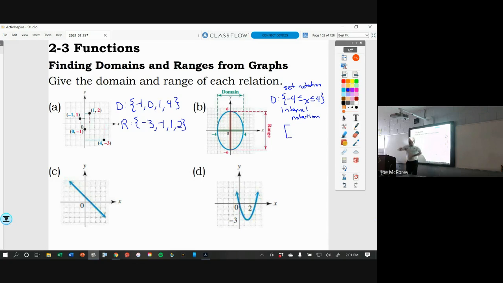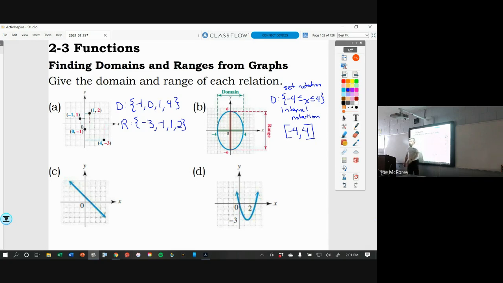A bracket has a built-in equal sign, with a bar on the side. Can it equal -4? Yes, so it's a bracket. And then 4. Can it equal 4? Yes, so we have an equal sign on the 4, and then we draw a line to make it a bracket. And that's it. Both of these are the same answer.